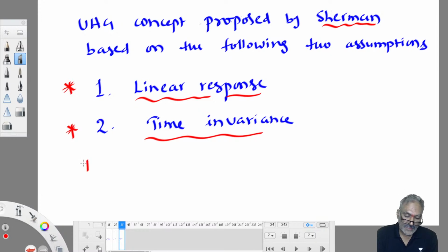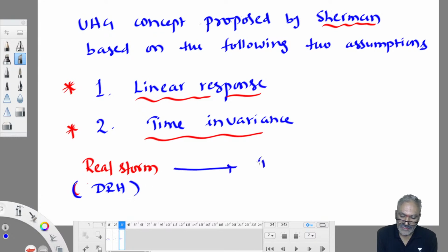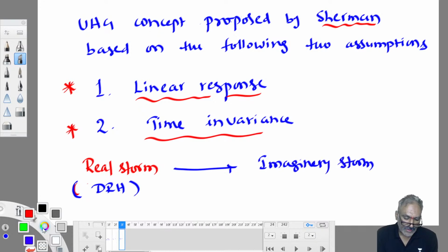A real storm is represented by a direct runoff hydrograph. Okay, a real storm represents a direct runoff hydrograph. An imaginary storm represents a unit hydrograph. A unit hydrograph always represents an imaginary storm.